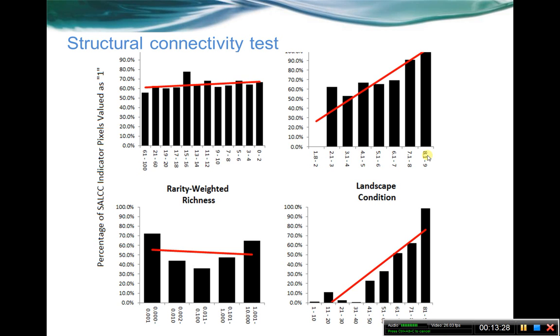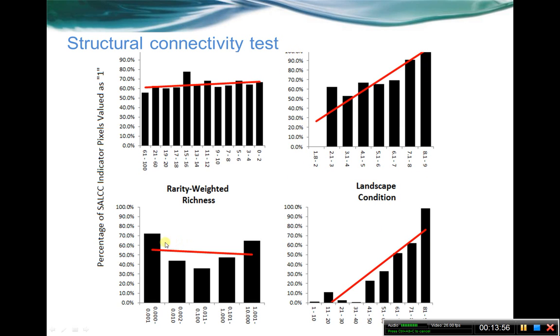Coefficient of conservatism, if you're not familiar with it, looks at how much of the plant community is made up of species you'd expect to find only in unaltered pre-settlement states. So how conservative are these plant communities? How sensitive are they to human disturbance? In that case, you've got a pretty good relationship between plant community sensitivity and structural connectivity.